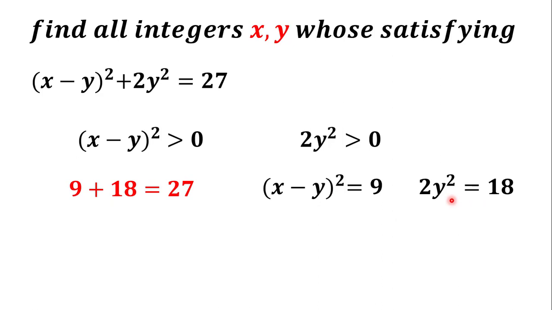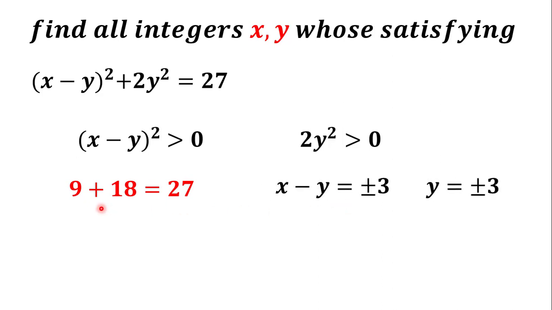From this equation, we can write y² equals 9, and by square rooting both sides, we get y equals plus or minus 3. Also, by square rooting this equation, we get x - y equals plus or minus 3. As you can see, 9 is an odd number and 18 is an even number.